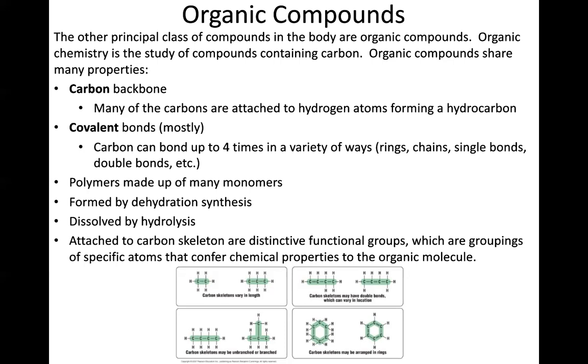Now, why is carbon such an important feature in organic compounds? Well, because of its ability to covalently bond up to 4 times in a variety of ways: straight chains, branch chains, rings, double bonds and single bonds and all sorts of different things.